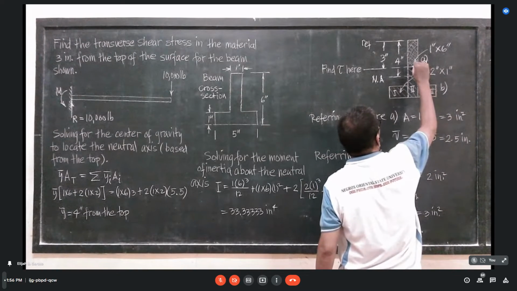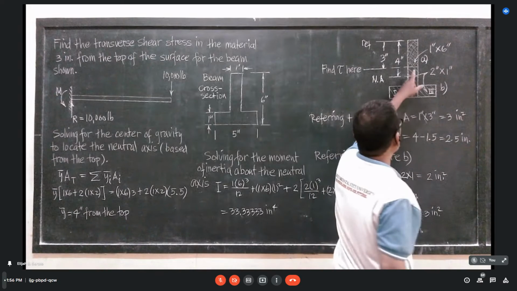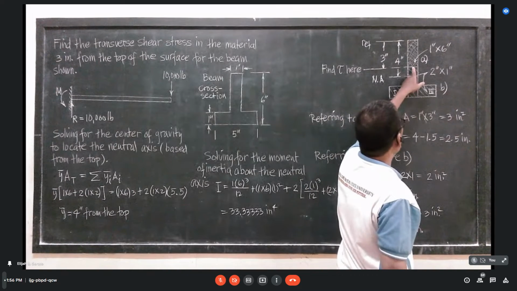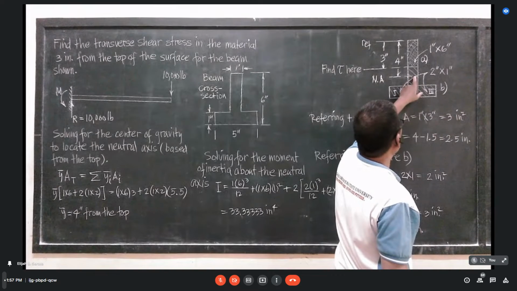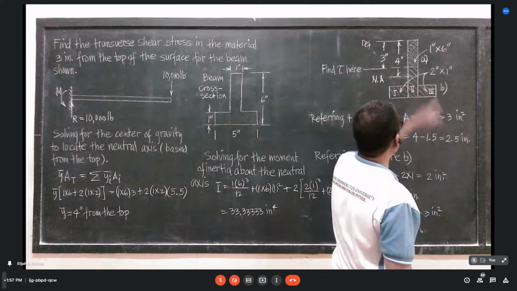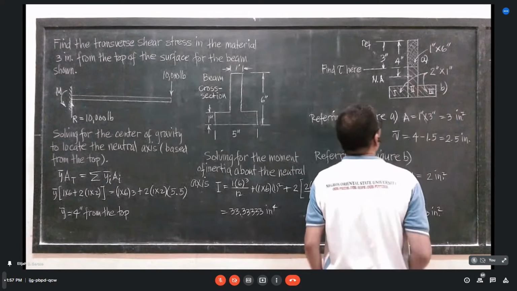So what is the distance? You are now going to transfer the reference from the centroid to where you want it, and it should be in the neutral axis. So that is your y bar squared. So what is that?